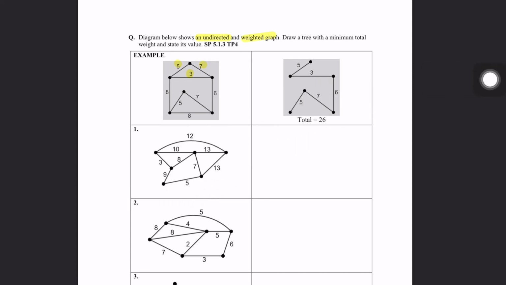Okey, nombor 1 contoh saya ambil 1, 2, 3, 4, 5. Okey, sebagai contoh.